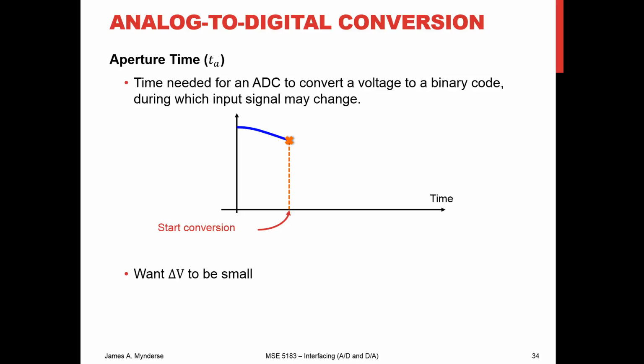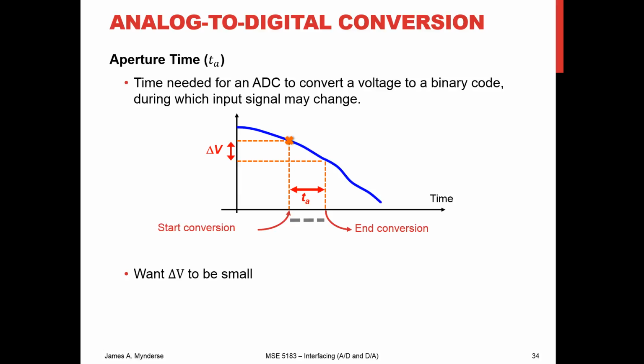There's actually a time associated with the conversion, and so it takes a little bit, and eventually we finish the conversion. So that's the start and the finish of the conversion time. And we will note that the voltage has changed by a value of delta V. So this is the value of the voltage changing between the start and the finish of the conversion. And we'll call that conversion time the aperture time. And so ideally we want delta V to be small.